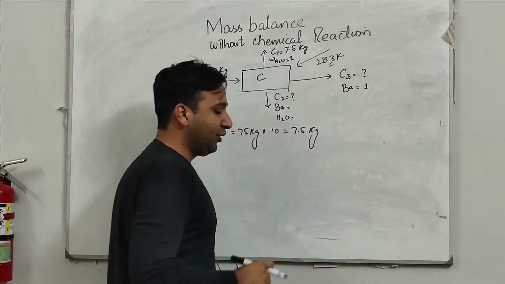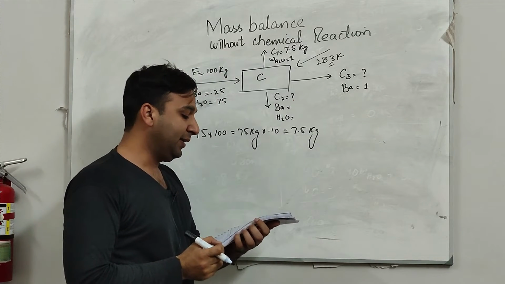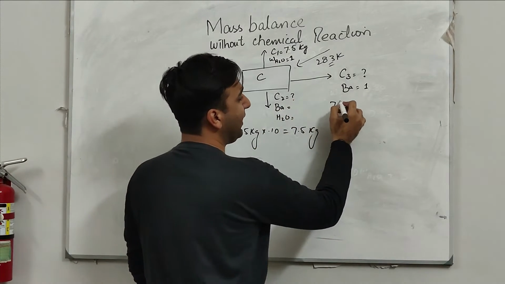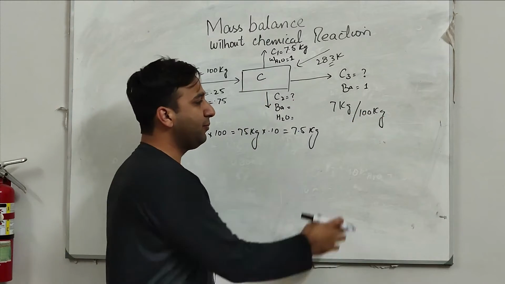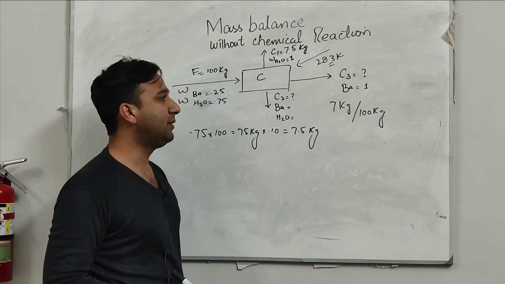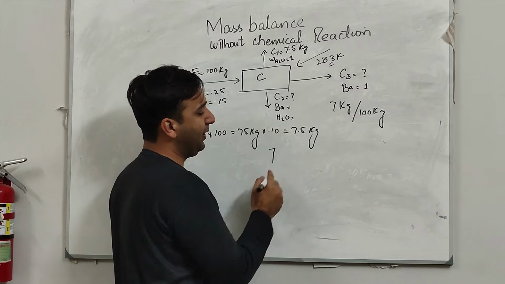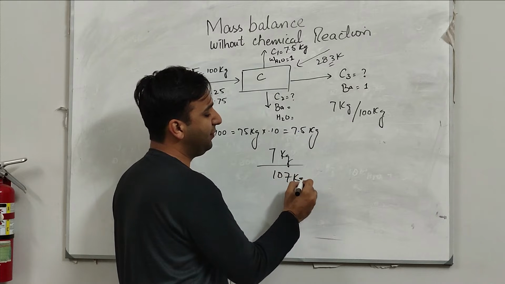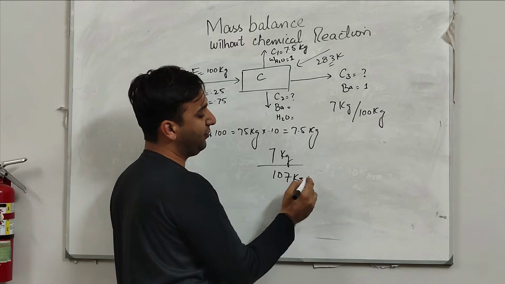Now the question also says that the solubility at 283 Kelvin of this mother liquor solution is 7 kg barium nitrate per 100 kg of water. From this value you can also find the mass fraction of barium nitrate and water in this mother liquor. How? Let's see. 7 kg of barium nitrate is present in 107 kg of solution, because the solution has 100 kg of water.